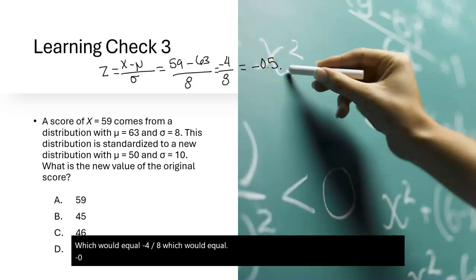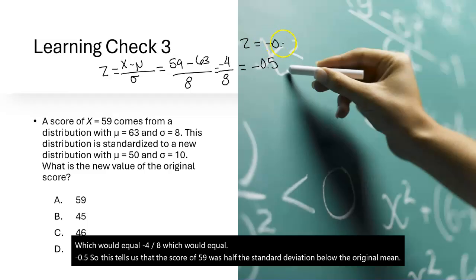So this tells us that the score of 59 was half the standard deviation below the original mean.